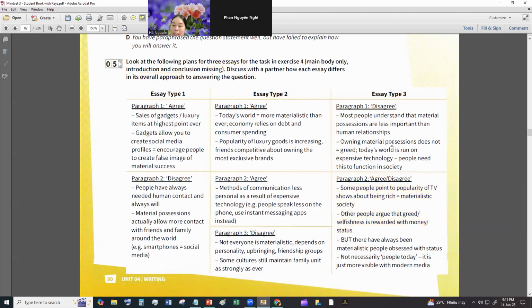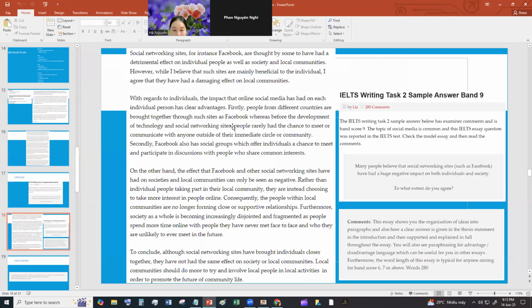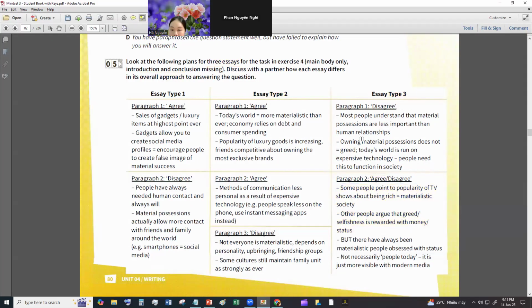Alright, okay, so do you understand the three types now? Yes, I do. Thank you. So let's see this one, the one that we just read. Okay, what essay type does it follow? I think it's type 2.